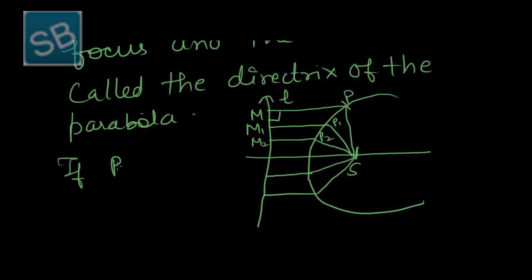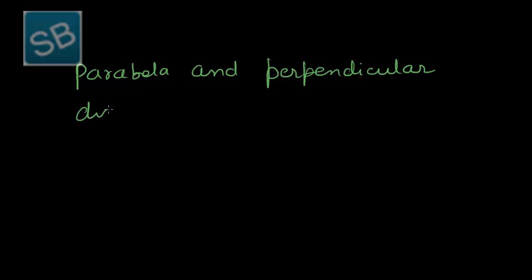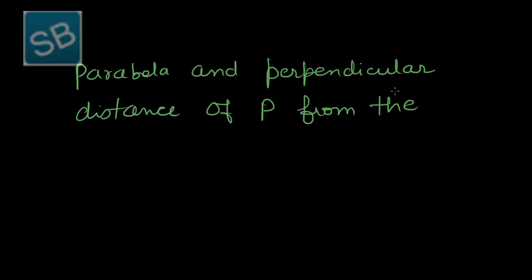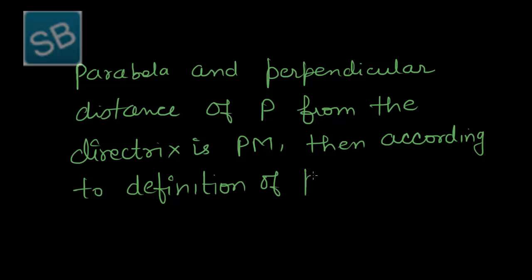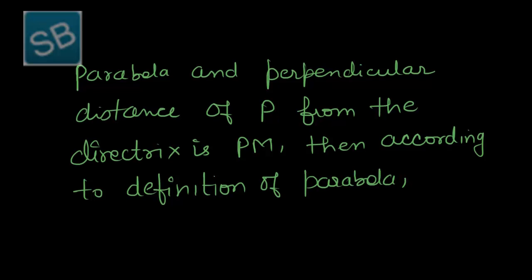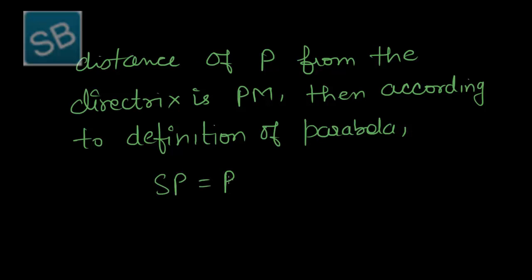So if P is a point on a parabola and the perpendicular distance of P from the directrix is PM, then according to the definition of parabola, SP is equal to PM.